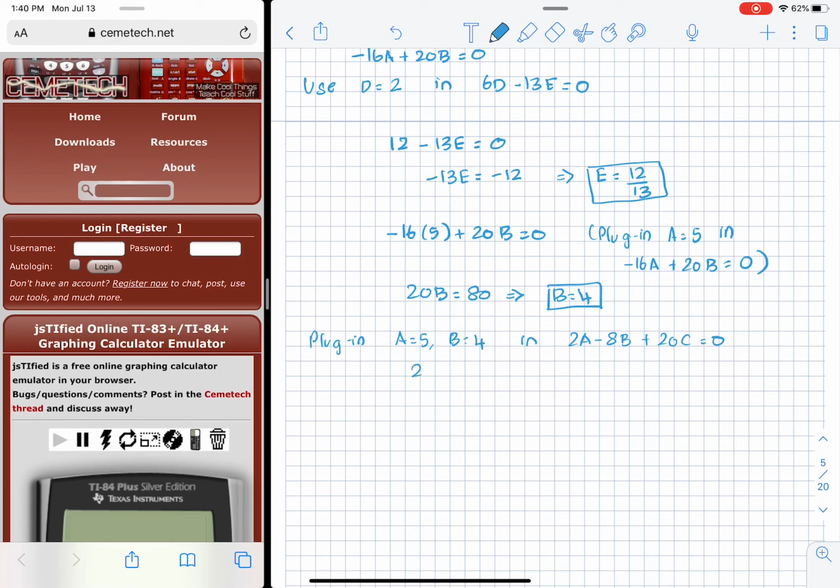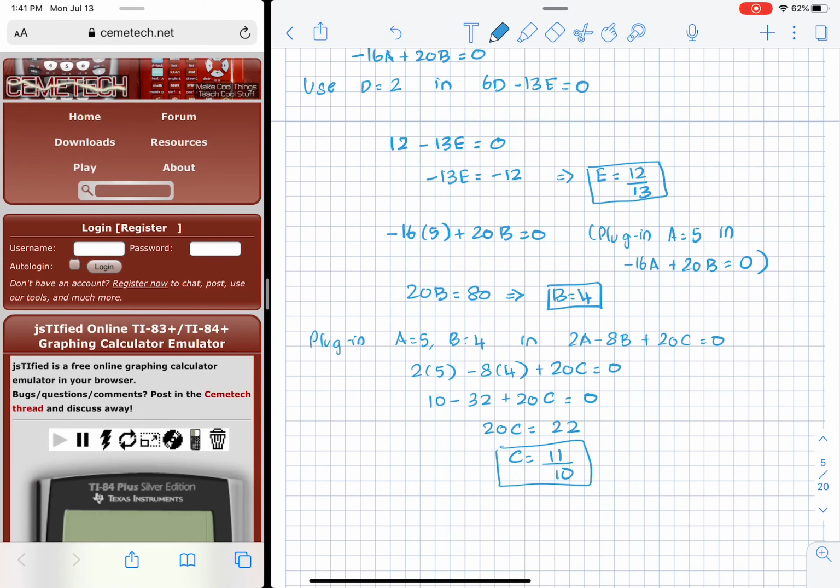So 2 times 5 minus 8 times 4 plus 20c would equal 0. 10 minus 32 plus 20c equals 0. 20c would equal positive 22. c is 11 over 10.